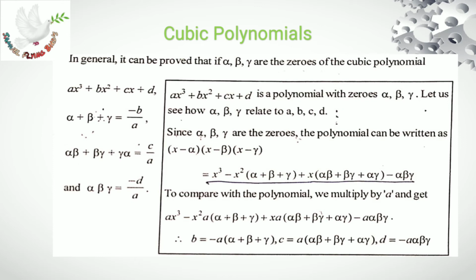In general, it is proved that if alpha, beta, gamma are the zeros of a cubic polynomial ax cube plus bx square plus cx plus d, then alpha plus beta plus gamma equals minus b by a, and alpha beta plus beta gamma plus gamma alpha equals c by a.